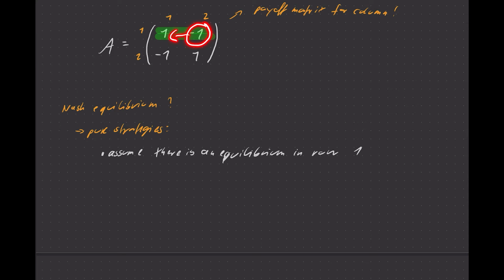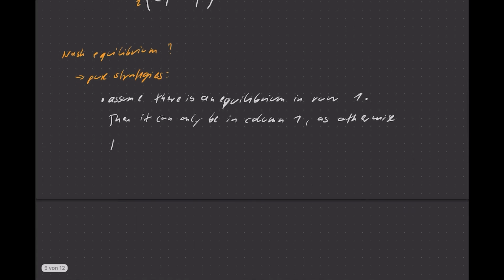He would want to change to this situation here. So then it can only be in column 1, as otherwise the column player would have a better strategy.